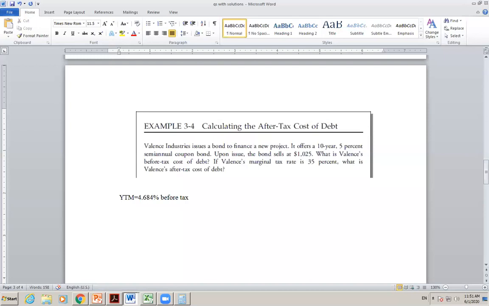And the YTM, 0.04684, times 1 minus 0.35.